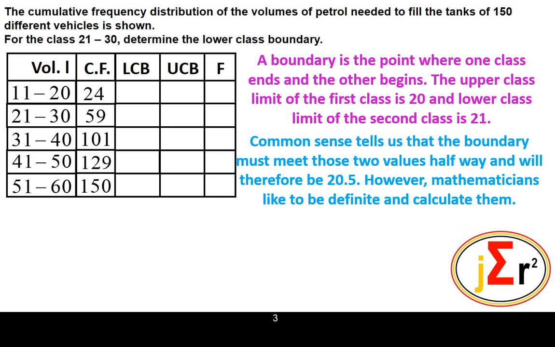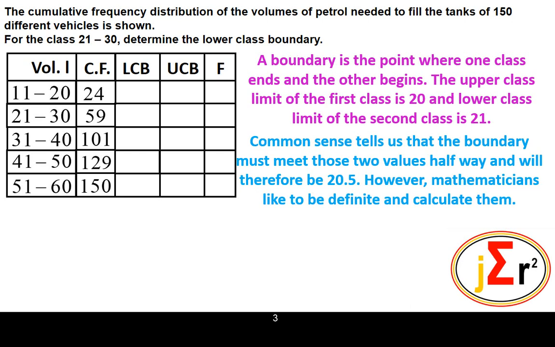However, mathematicians like to be definite and calculate them. Sometimes we have some values that you could just figure out based on common sense. But although common sense is applicable, we cannot just use that alone.